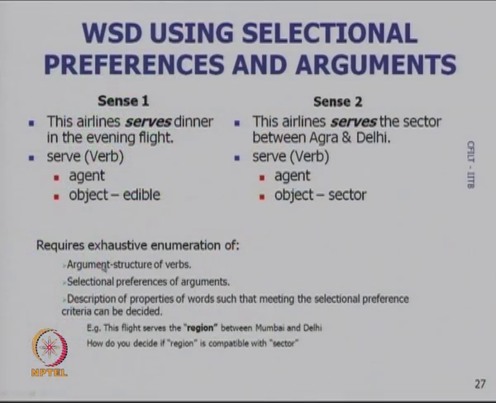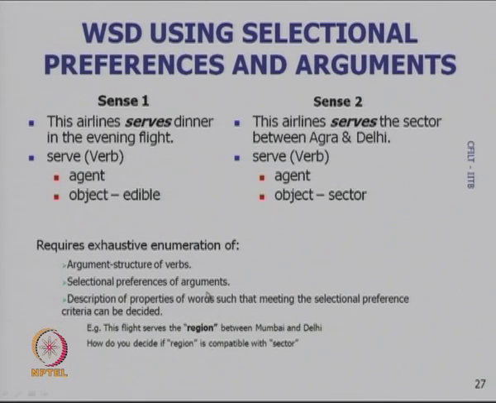Now, this is not to say that such things have not happened, they have happened. The argument structure of verbs have been enumerated in resources like the WordNet, the Prop Bank, the Verb Ocean. These are rich resources encoding properties of verbs.